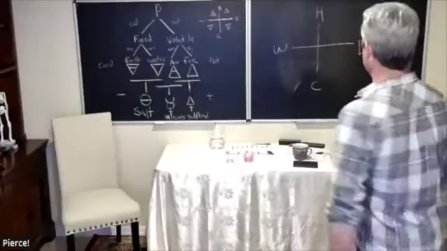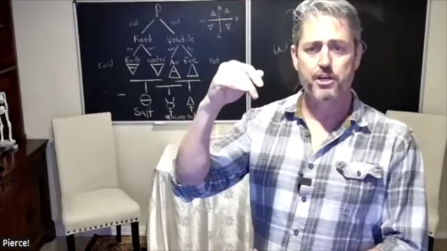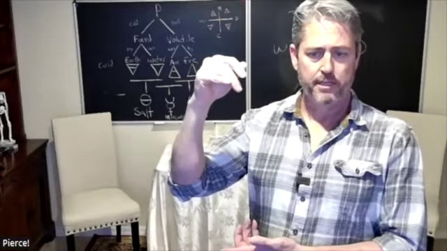All right, so you've got hot, cold. That's one bar, and hot and cold is really just a measure of how much kinetic energy is in something. If something is hot, it's really moving inside. The molecules are all vibrating.